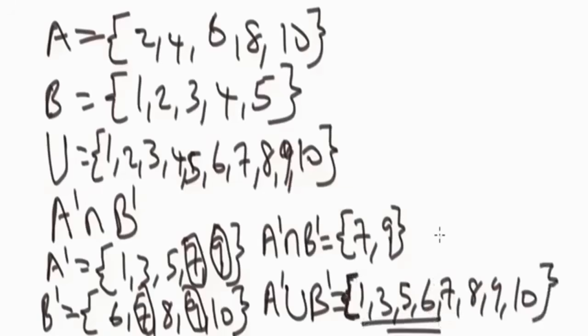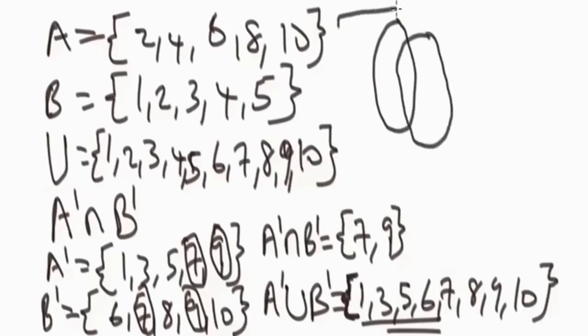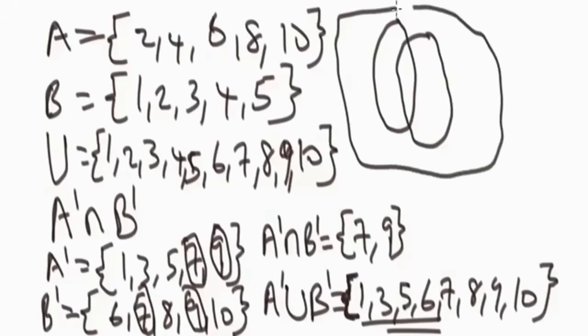Let's present this on a Venn diagram. To present it, we're going to have something like this. This is A complement, this is B complement. The middle values are 7 and 9, the intersection.